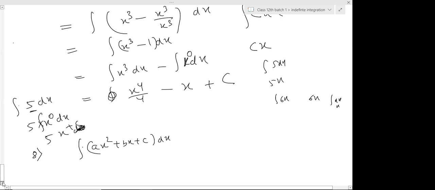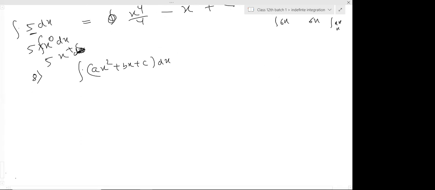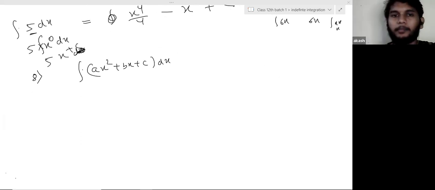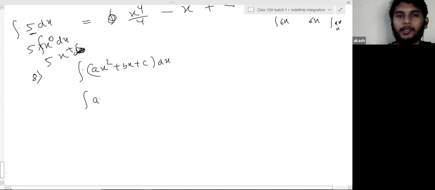All right, let's see. Again, we can break this down. This is integration of ax square dx plus integration of bx dx plus integration of c dx. So a is a constant, so it comes outside.